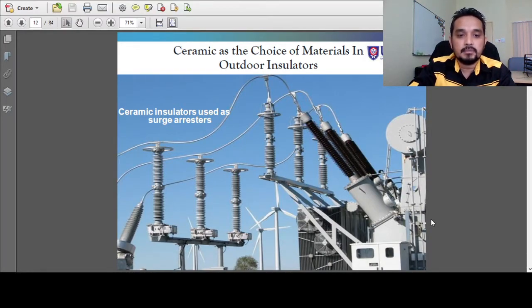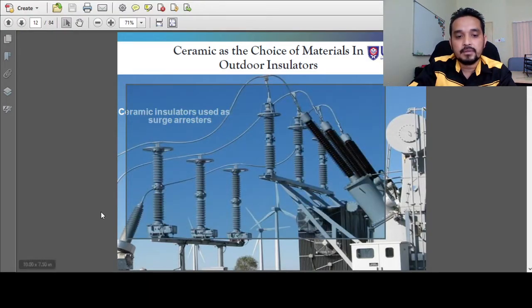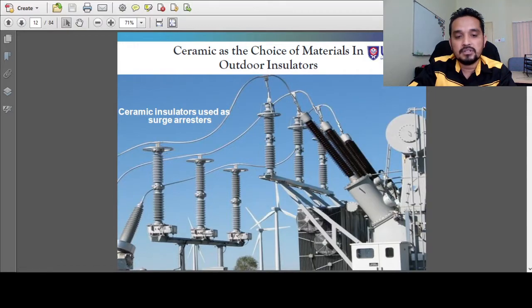Again, ceramic is also used as the surge arrestor, as you can see here. These are the surge arrestors, the ones that I mentioned before. This surge arrestor has been mounted on the platform here to provide protection for this power cable.